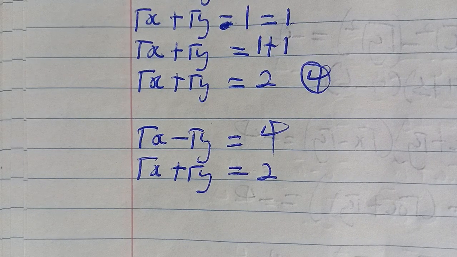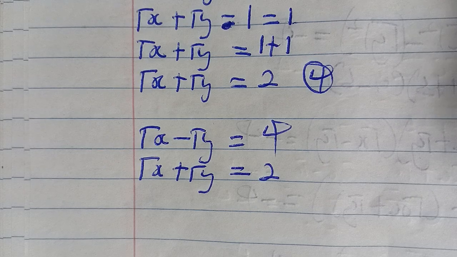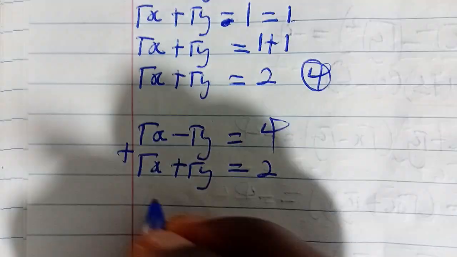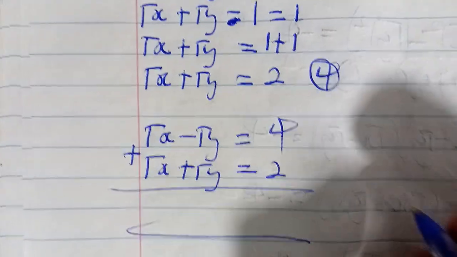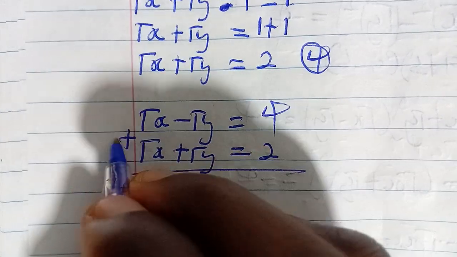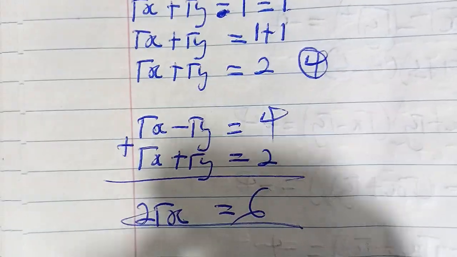Do you get me? Now let's use the elimination method to eliminate y. We're going to add both equations. When you add this and this, you're going to have 2 root x. This and this will be 0. This and this give us 6.